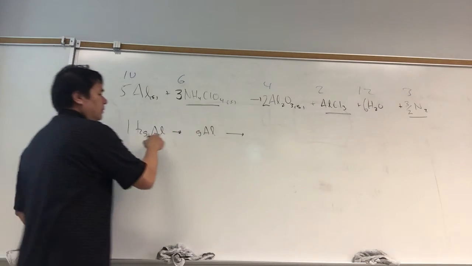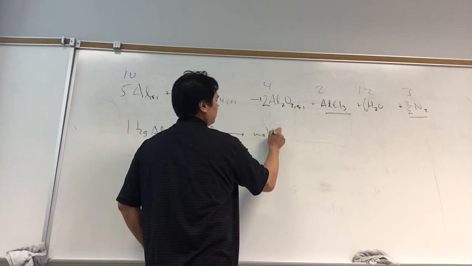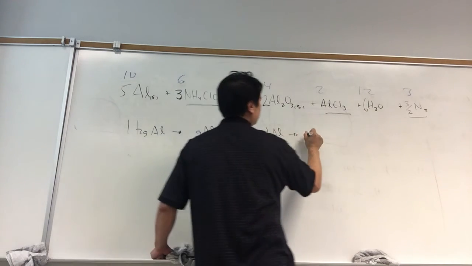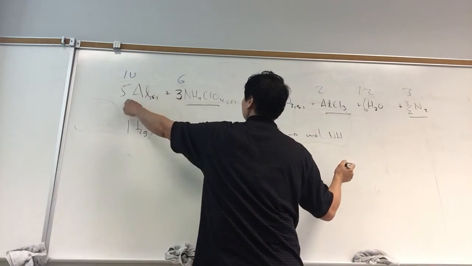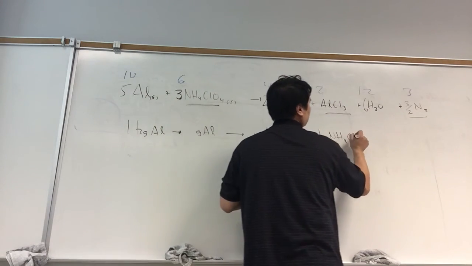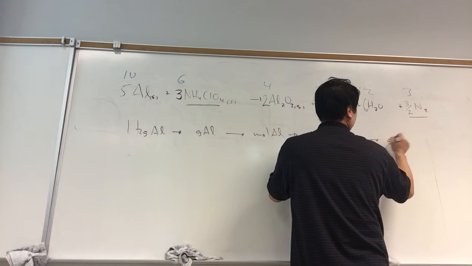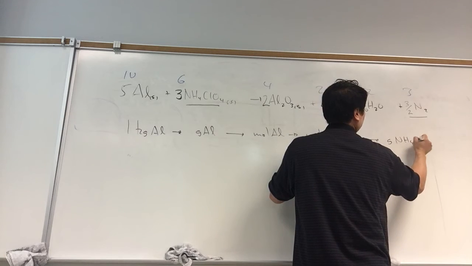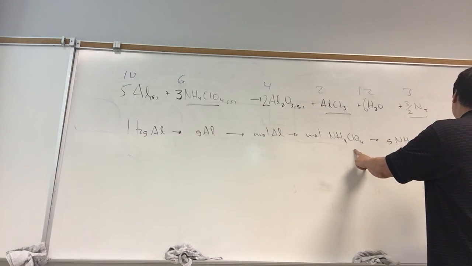All right, so we go from kilograms to grams of aluminum to moles of aluminum to moles of ammonium perchlorate using the mole ratio, a 10 to 6 or 5 to 3 mole ratio. From moles to grams of ammonium perchlorate to kilograms of ammonium perchlorate.